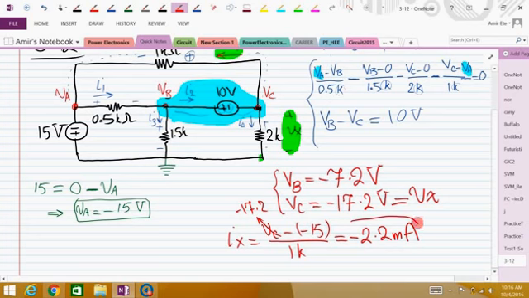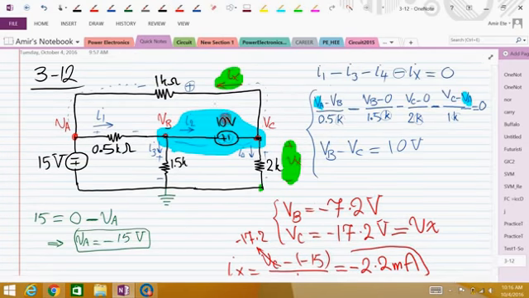So it's a negative current. It's totally right. It means the actual physical response of the circuit is 2.2 milliamps going in the opposite direction. The actual response of the circuit in this branch, 2.2 milliamps, is going in this direction.